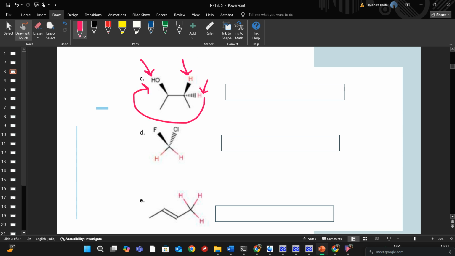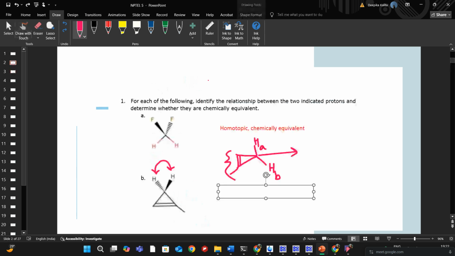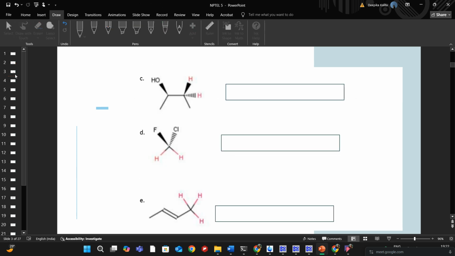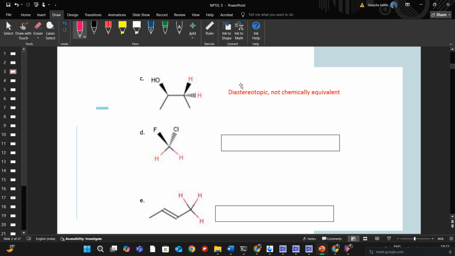Hence, these two protons cannot be called chemically equivalent. Okay, these are not present in the same chemical environment. Hence, you can conclude that in the first molecule these two protons are diastereotopic.